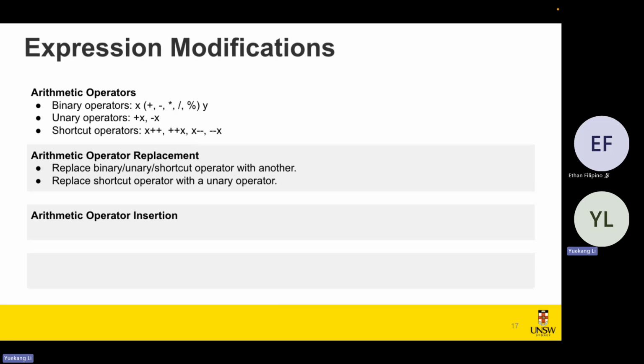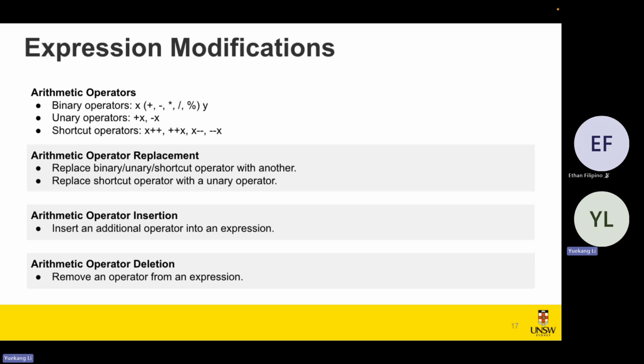And of course, we can also insert arithmetic operators, like inserting additional operators inside the expressions. And with insertion, we can also have deletion, right? We can delete some operators from the expressions.